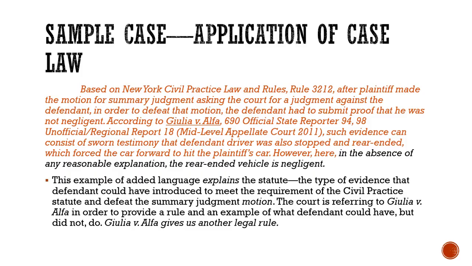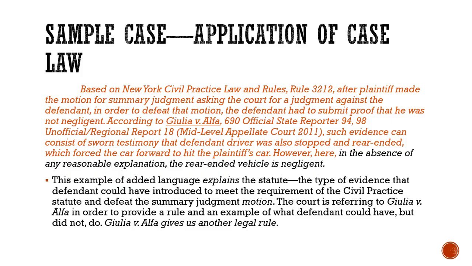So this is an example of the court relying on a case explaining a statute or an aspect of a statute. And in this case, the type of evidence that the defendant could have introduced to meet the requirement of the civil practice statute, therefore being able, if he was able, to defeat the summary judgment motion.